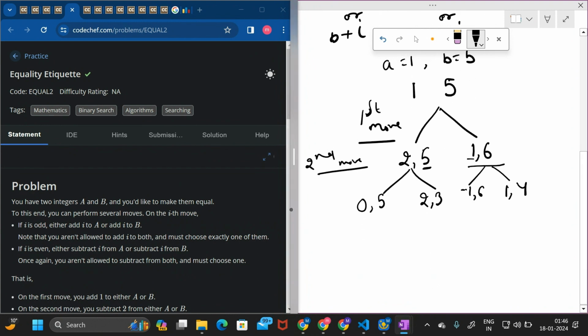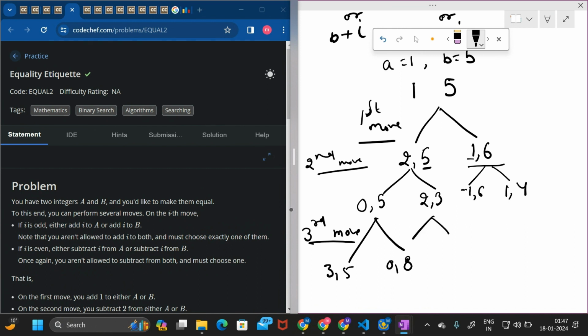So now next is the third move. Again we have two cases for each case, so we can add 3 to 0 or we can add 3 to 5.